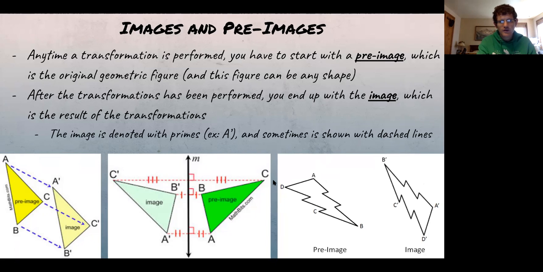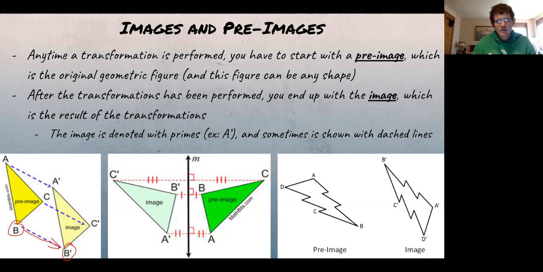C started here, it got transformed and it ended up at C prime. B got transformed, and B prime is down at the bottom. So these transformed and ended up at those new locations.